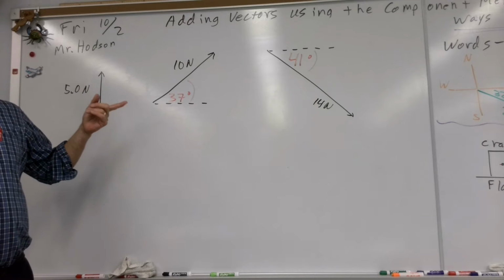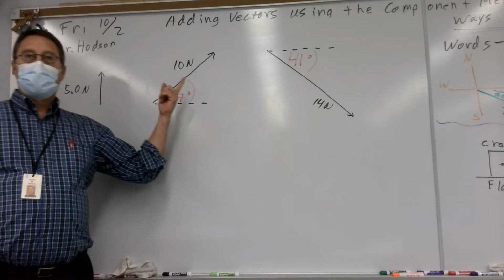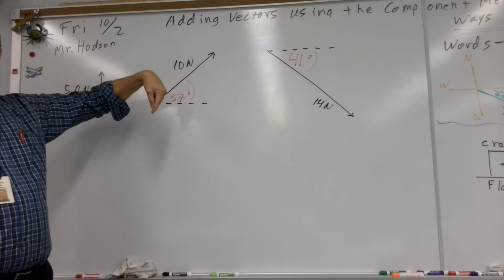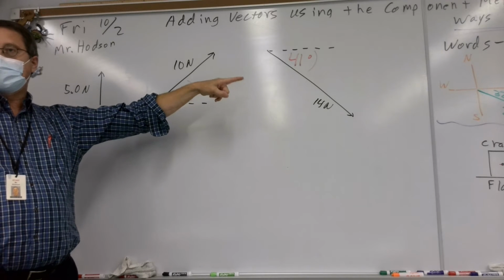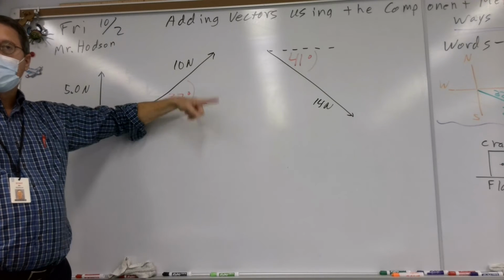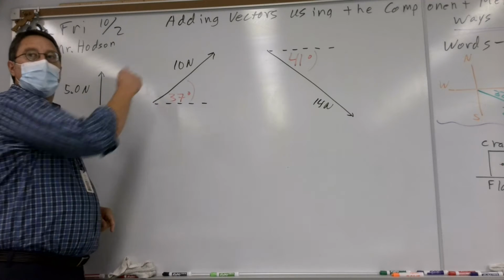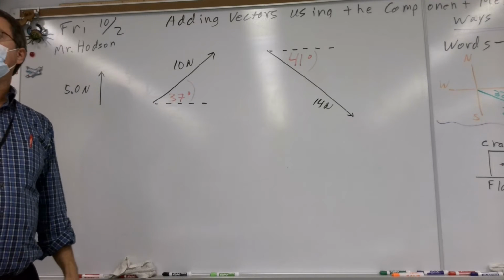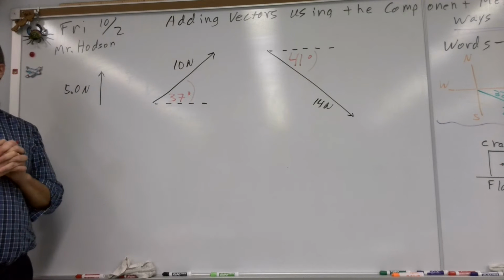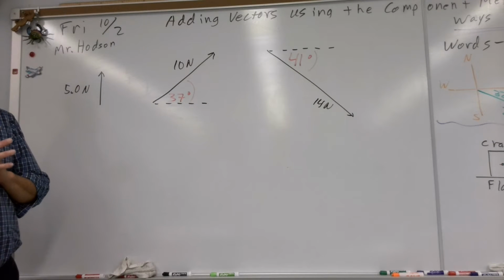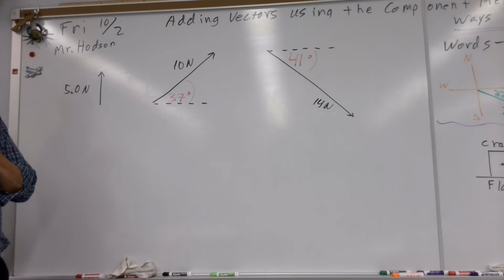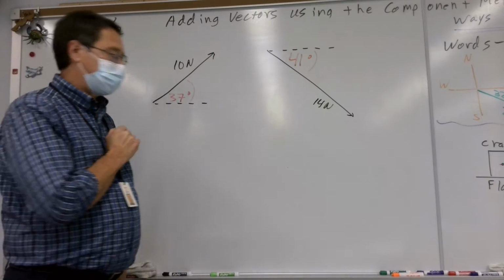Any vectors that are on what I call the tilt, meaning they're not perfectly straight up or straight down, not vertical, or not horizontal, so if they're pointing at some angle in one of the 4 quadrants, we have to do this process on these two, but we don't have to do it on the 5 Newton vector because it's already pointing up, okay? So we would say the 5 Newton vector does not have a horizontal component, but these two do.